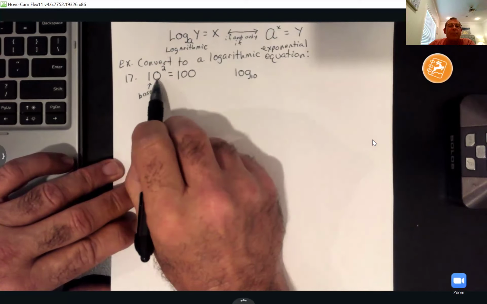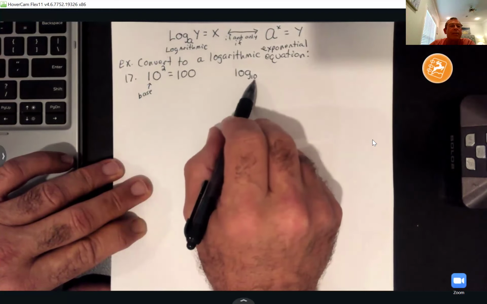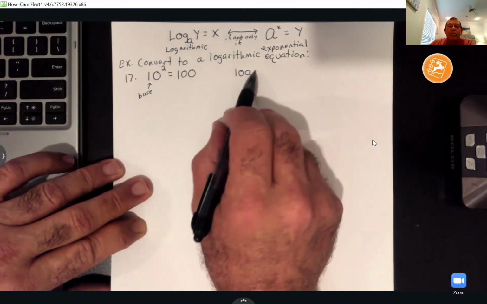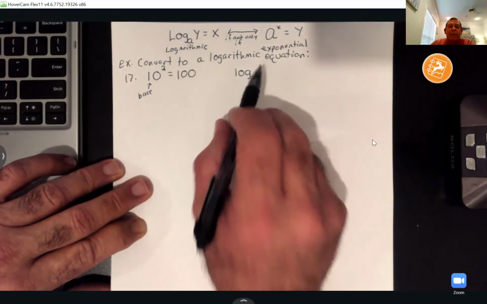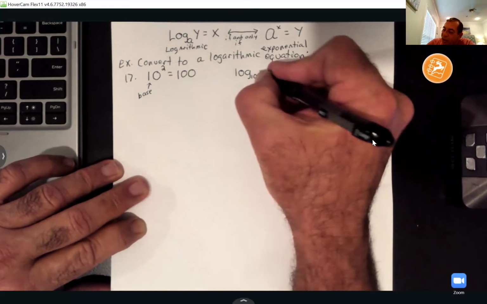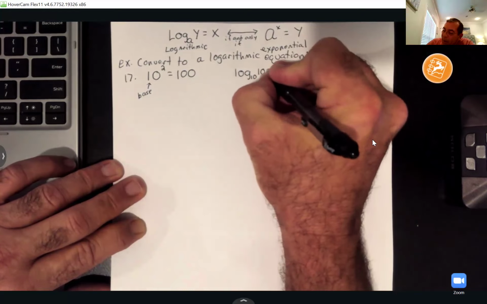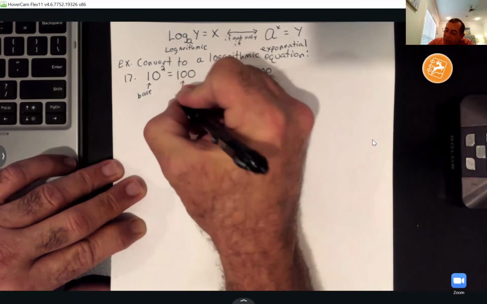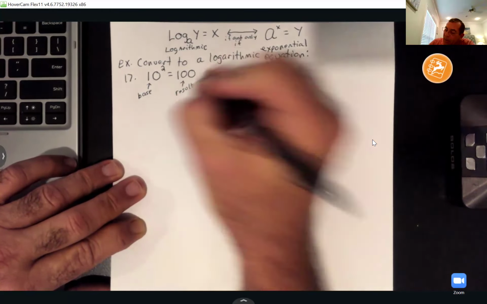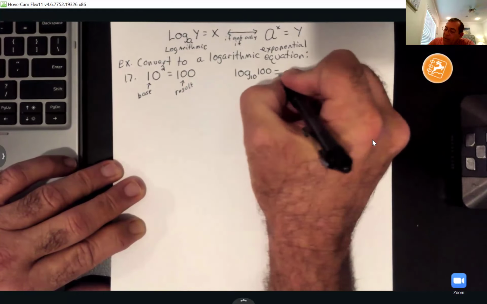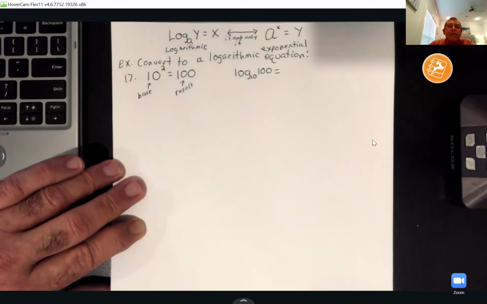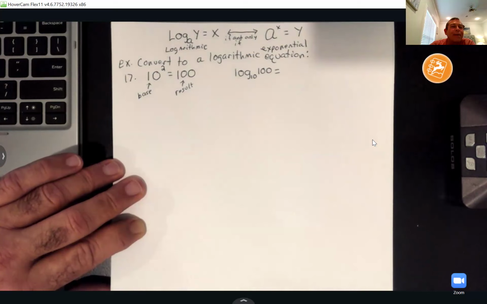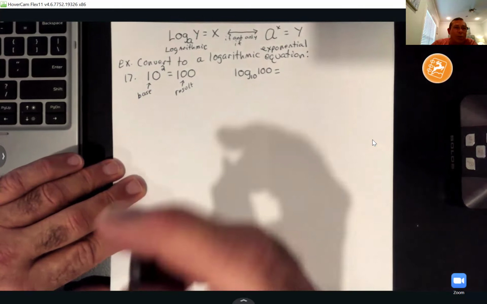It's the base of the exponential. That means it becomes the base of my log. The result that I would put next would be 100. Good job. So remember, that's that result. And that's going to equal an exponent of 2. Good job.